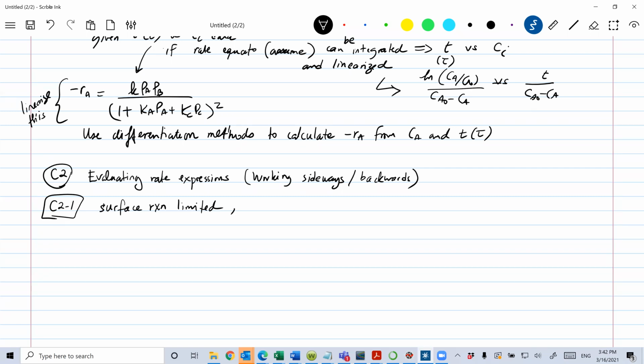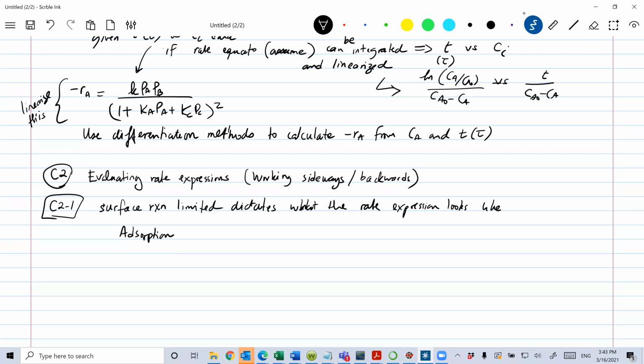That dictates what your reaction rate is going to look like, in the same way that adsorption limitation dictates what the rate expression looks like. We talked about, for example, if it's single site, dual site, LE ideal. If it's adsorption limited, you have a different expression.